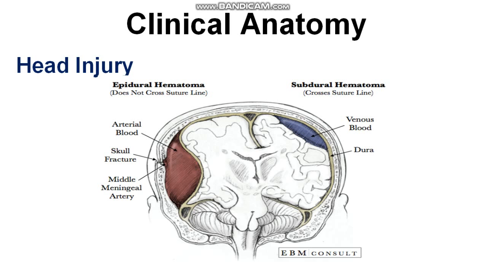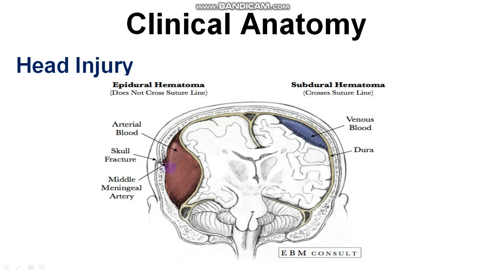So the collection of blood is taking place, and in this hematoma, in a road traffic accident, the skull bone is fractured. You can see the skull bone is fractured. This collection of blood is arterial blood, collected from the injury of the middle meningeal artery.